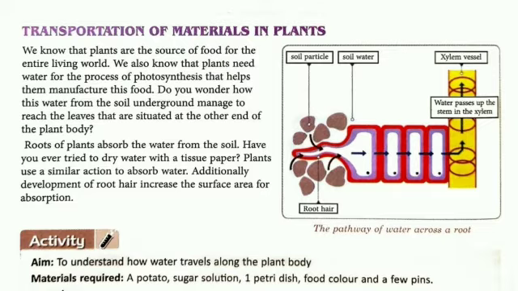We also know that plants need water for the process of photosynthesis that helps them manufacture food, that is glucose. Do you wonder how this water from the soil underground manages to reach the leaves situated at the topmost end of the plant?